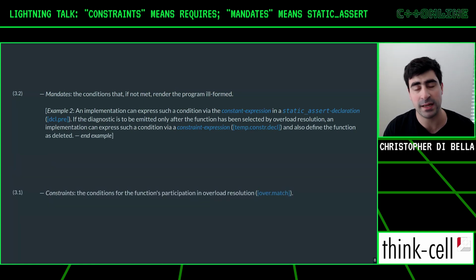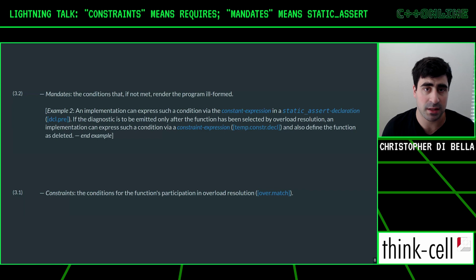In the paragraph immediately above the mandates description, we have something called constraints. This is similar, except that it says that in order for the function to participate in overload resolution, the conditions need to be true.